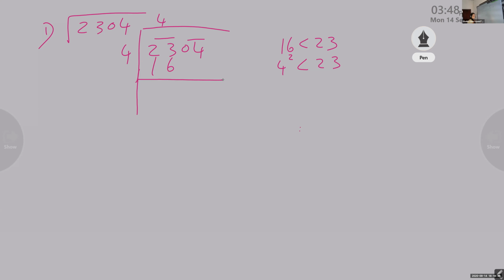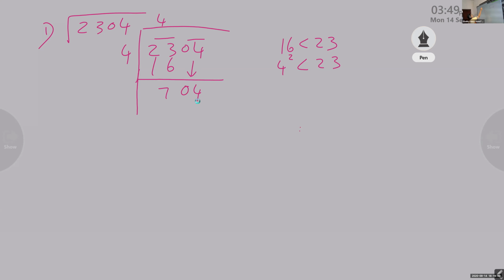Subtracting, 23 minus 16 is 7. Take 04 down.